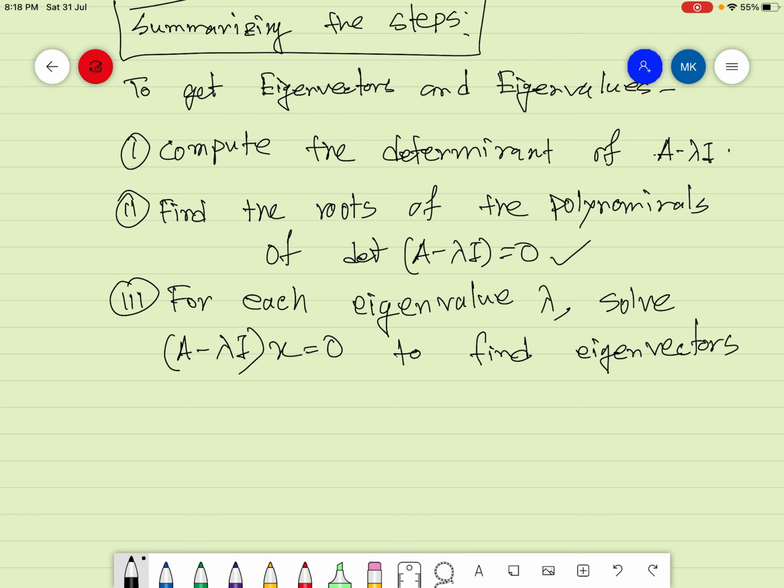So you'll get the number of eigenvectors equal to the number of eigenvalues.